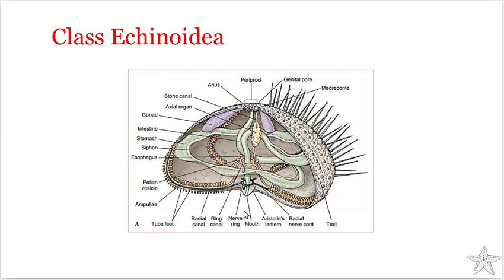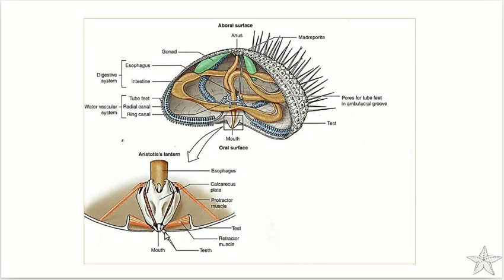Okay, here you can see this is the oral surface, this is the mouth region. And this part is modified to form a structure which is referred to as the Aristotle's lantern. And this part is usually close to the substratum, isn't it? So here you can see the structure of the Aristotle's lantern, enlarged over here.